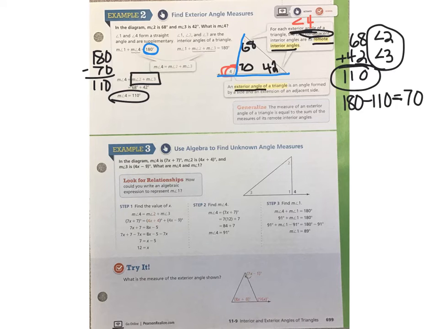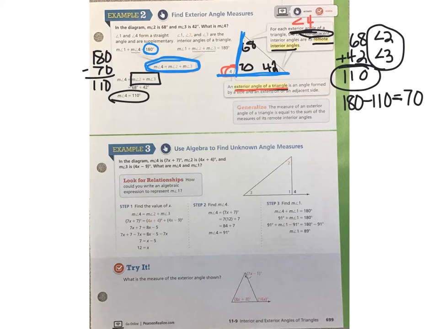The exterior angle of a triangle, in this case that's angle 4, so let me underline that in red, is the angle formed by a side and the extension of an adjacent side. So we extended one side out here, and we're looking at the angle that's outside the triangle side that is extended. And that measure is always equal to the sum of those two remote interior angles.